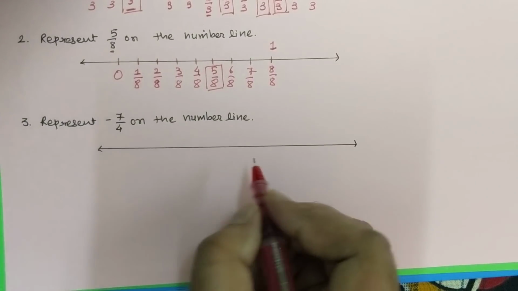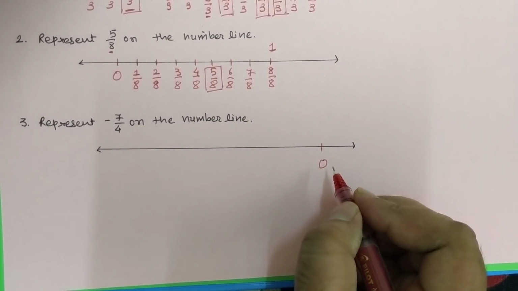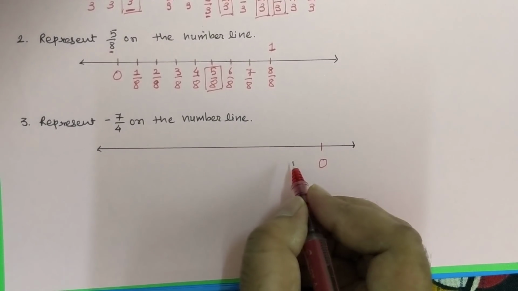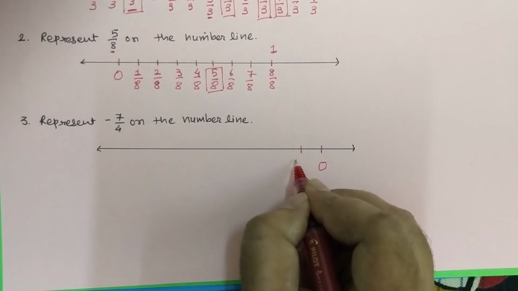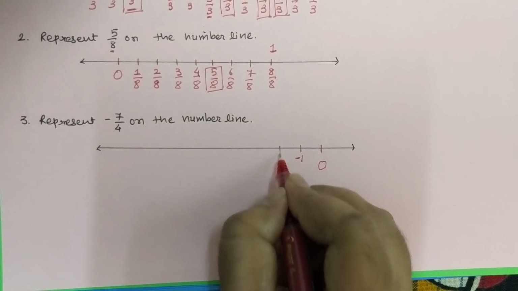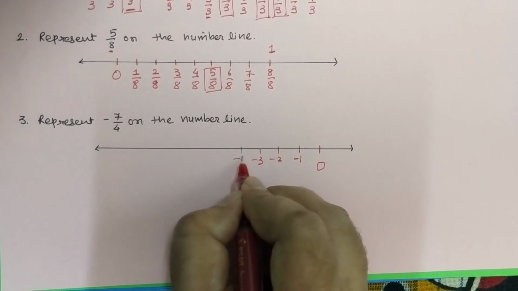Okay. So here there is no positive number, so I'll write 0 over here, and the negative numbers to the left of that side, that is minus 1, minus 2, minus 3, minus 4.